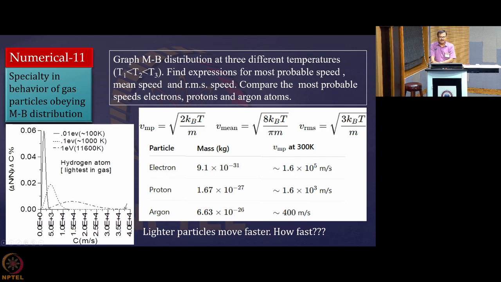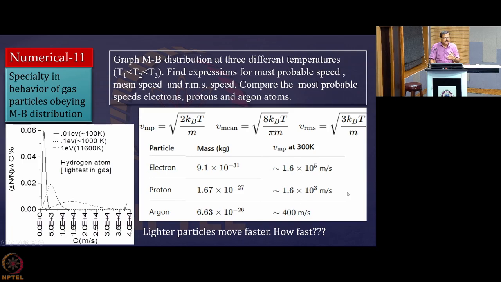So, there is a huge order of difference when you switch from argon to proton to electron. They are not just double or triple; there is an order of difference in the speed when you switch from one species to another. So, when you are encountering the species in plasma, you should keep in mind that it is their mass which is causing such a huge difference in their speed.